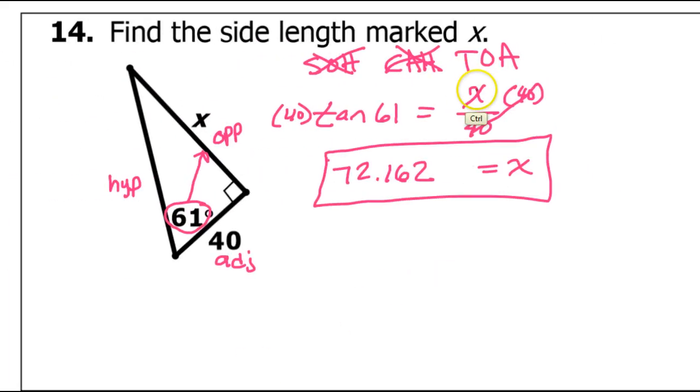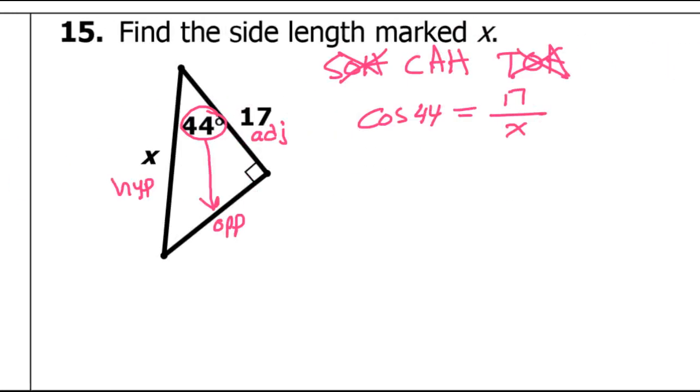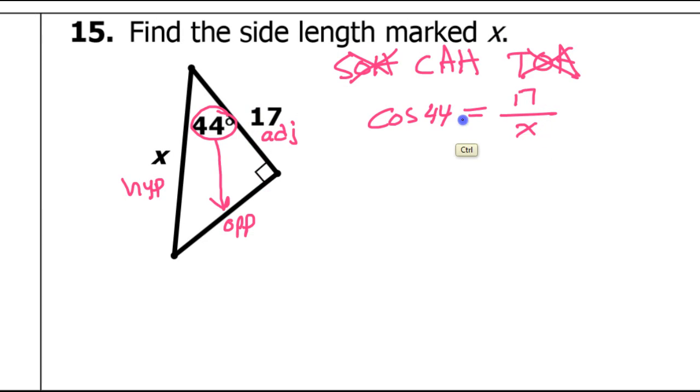But when the variable is in the top, that's when you multiply. When the variable is in the denominator, this is when you swap these. All right, I'm just going to take these two things and I'm going to reverse them. Not just the 44, but I will swap x and cosine 44.